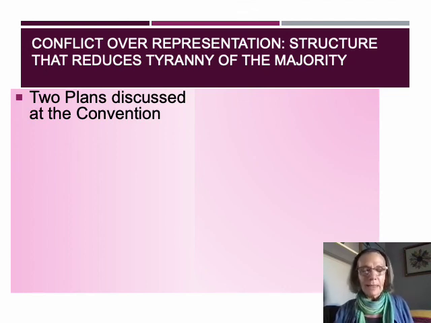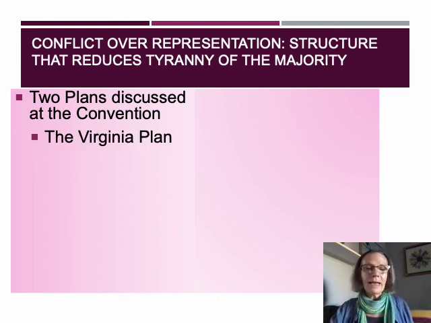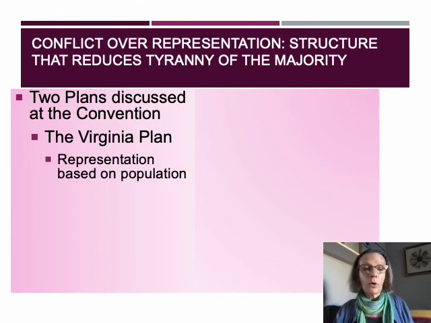There were two plans discussed at the Constitutional Convention. One was known as the Virginia Plan, and the other was the New Jersey Plan. Virginia was the most populous state in the nation at that time, and from their perspective, since they had the most population, that state should have the most say. The plan Virginia put forth magnified the power of the majority.